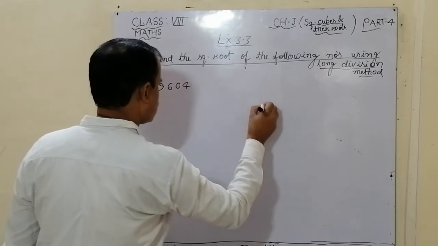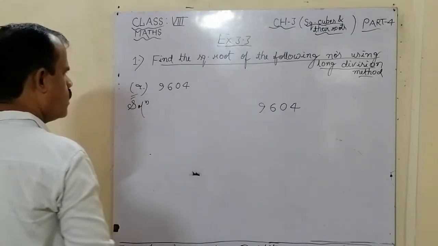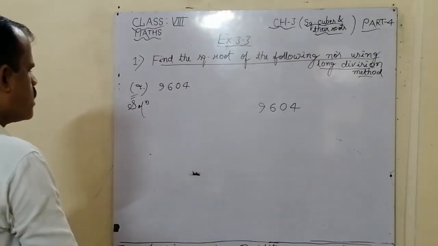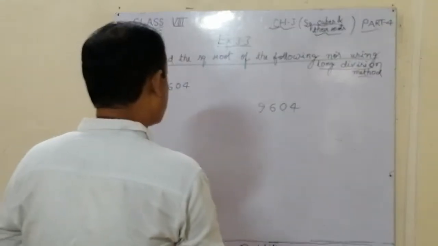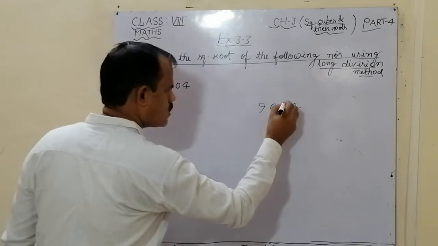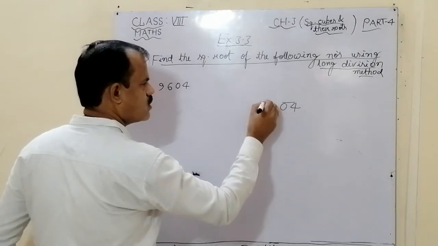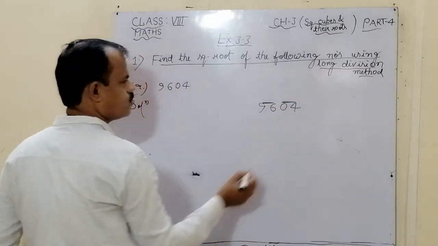So we write 9604 as dividend. Now make pairs of digits starting from the right. See here, this is a pair. Starting from the right side, this is also a pair. So we have two pairs.